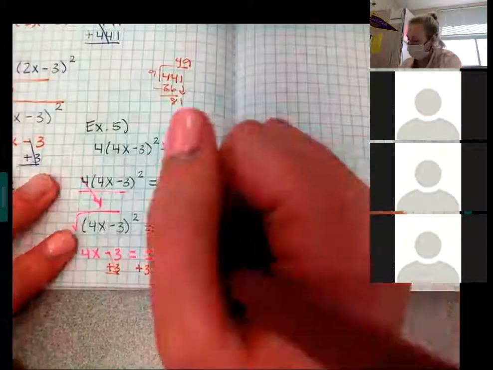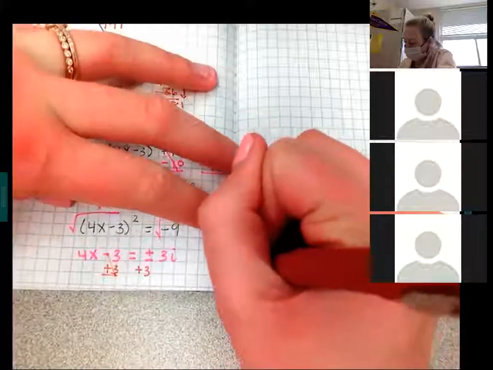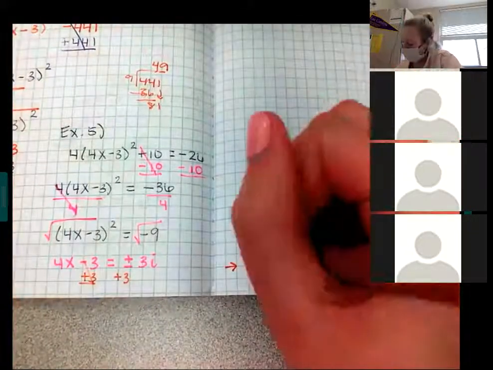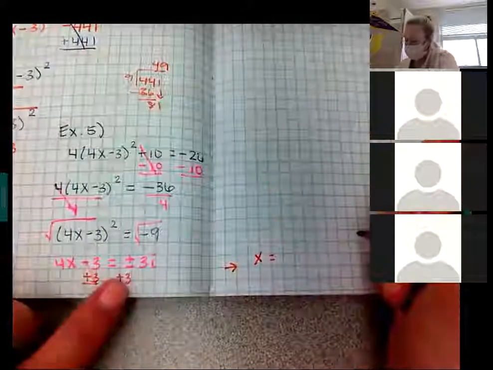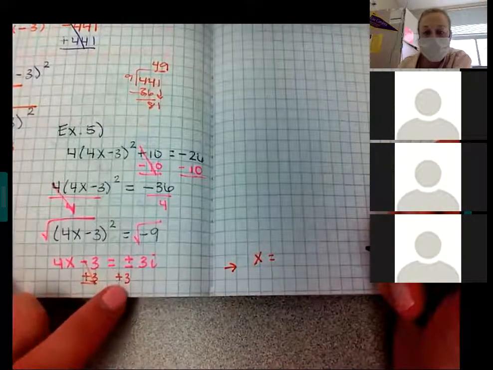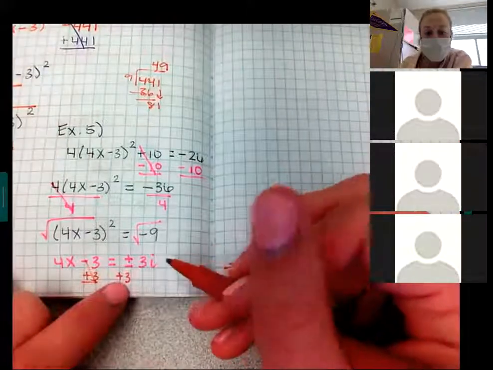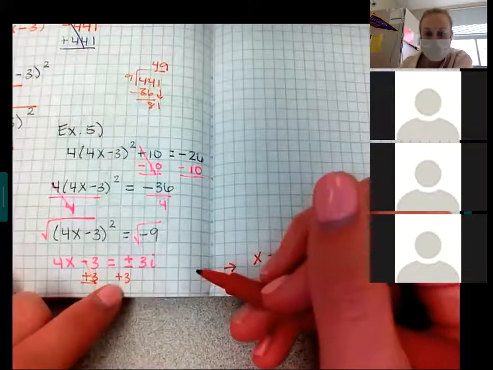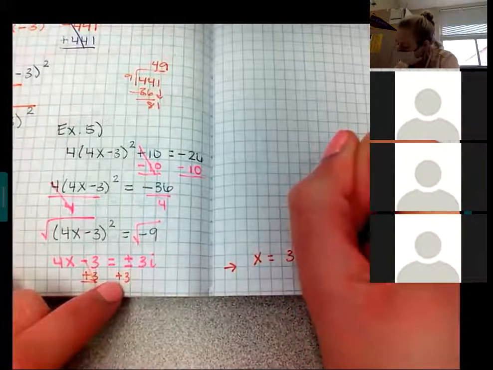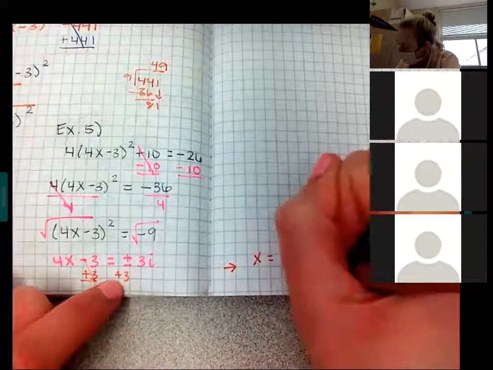So I'm going to write my answer right here. I am going to waste another sheet of paper. I'm so sad. I squeezed it for nothing. That's okay though. So you should end up getting x equals. Now, I like to normally put this number in front of the plus or minus just so I don't get confused and try to add them like I did in that first one. So you can write it like this, 3 plus or minus 3i divided by 4.